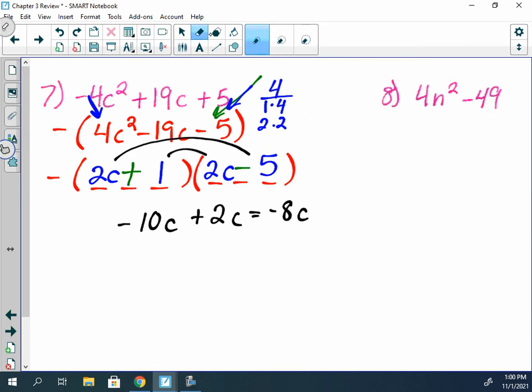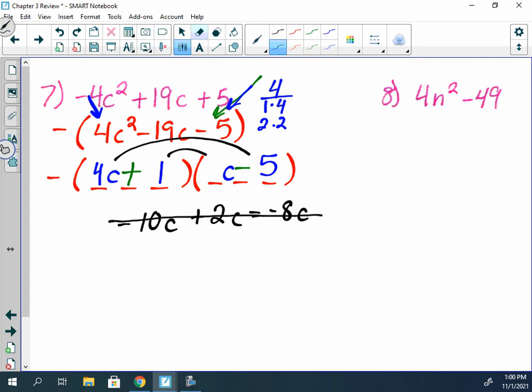So really what we need to change is the 2 and 2 for, well, let's just do 4 and 1. So that didn't work. We can try it again. 4c times negative 5 is negative 20c. 1 times c is plus c.